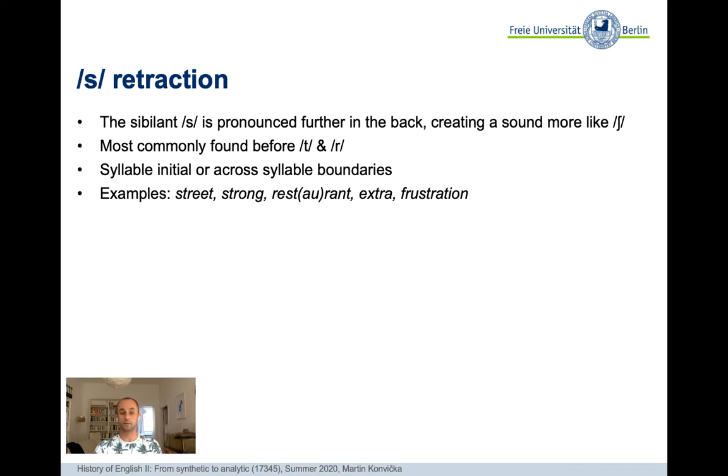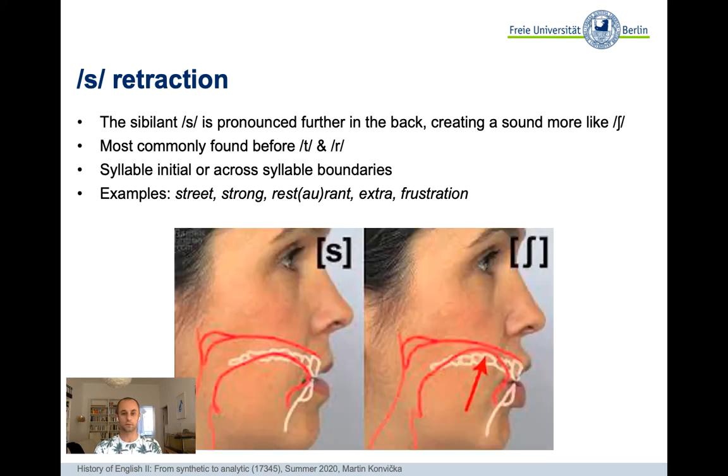So examples would be street, strong, restaurant, extra, frustration, and so forth, right? So the pronunciation takes place more towards the back of the mouth than the normal S.